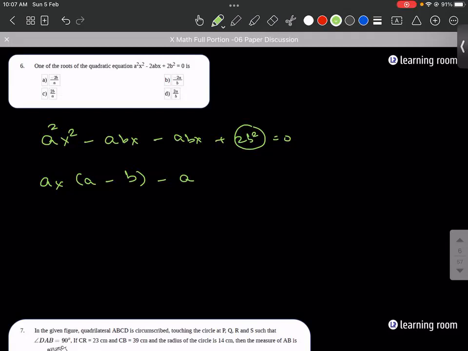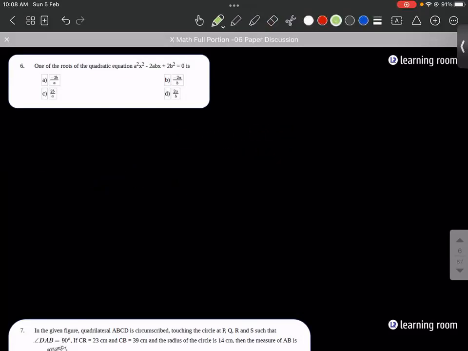I think there is a mistake in this. Should have been 4. So ax into, okay, let me do one thing. Let me use the discriminant method. Yeah, there is a mistake. Discriminant is 4a square b square minus 4a square b square. Correct? 4a square b square minus 8a square b square.